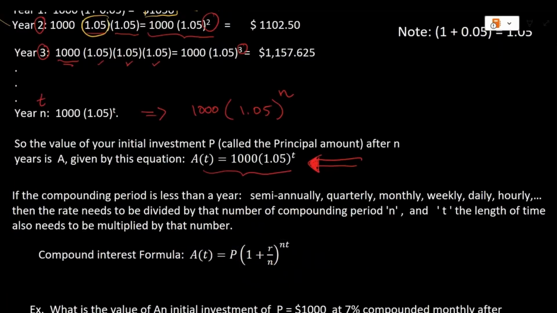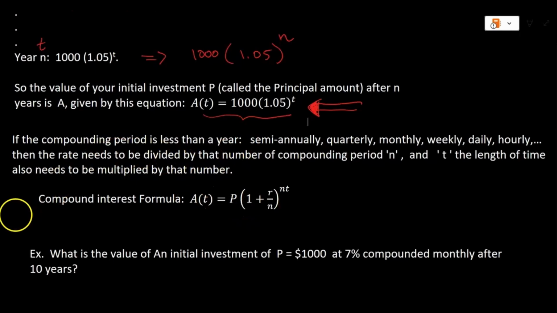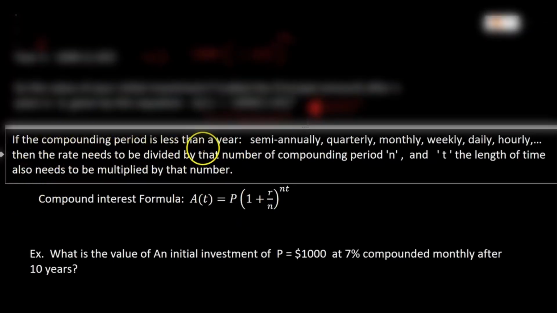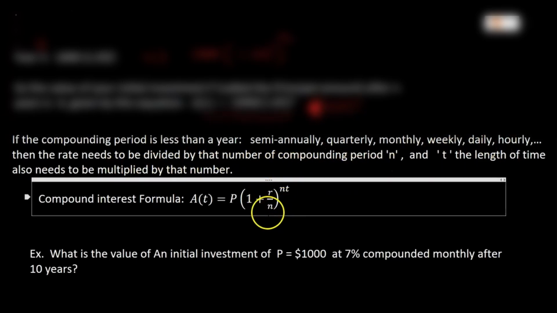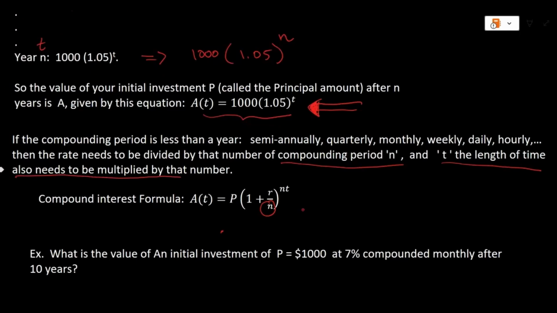All right, so the formula that will work, and you have to pay attention to a couple of things. If the compounding period is less than a year, whether semi-annually, quarterly, monthly, weekly, daily, hourly, whatever that is, then the rate needs to be divided by the number of compounding periods. So this is where n is. This n represents the number of compounding periods, and t is the length of time, which needs to be multiplied by that number.